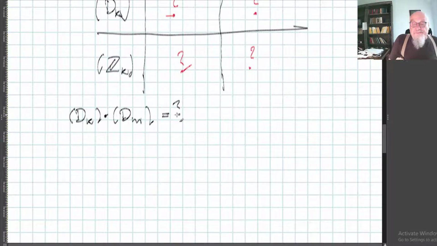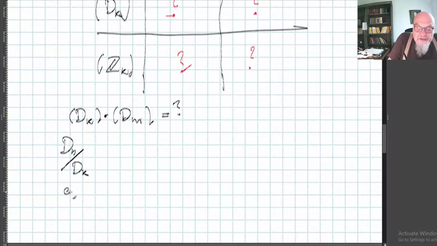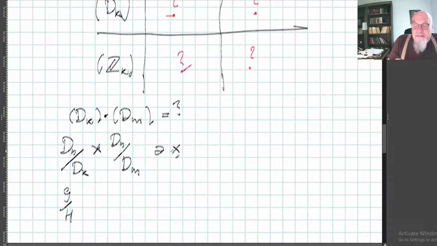So first of all, we know that this is going to be, let's write it down, D_n divided by D_k, so that's my group G divided by H, times D_n divided by D_m, and then of course take an element x. So what is an element x? In our case, it will be a coset, so put it here like that.